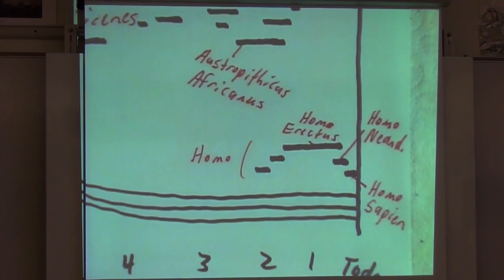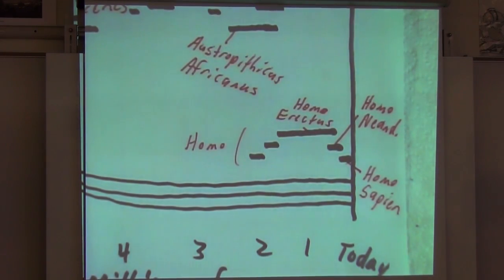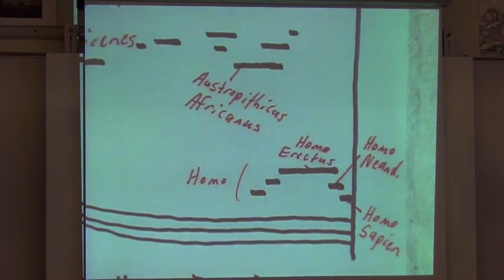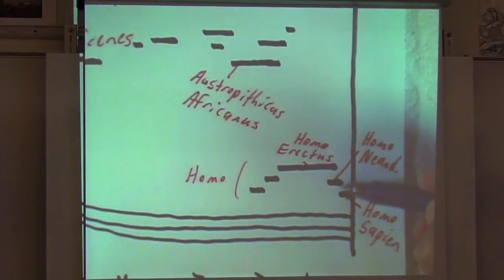All right, now this timeline, I think, brings up some very interesting questions. Hopefully you can see some of these, and I think these are legitimate questions to ask. Number one, what do you notice? What do you notice here in this little area that I've crudely drawn?